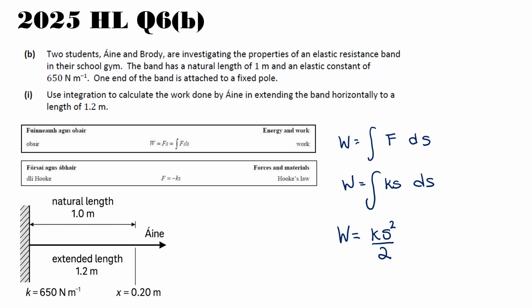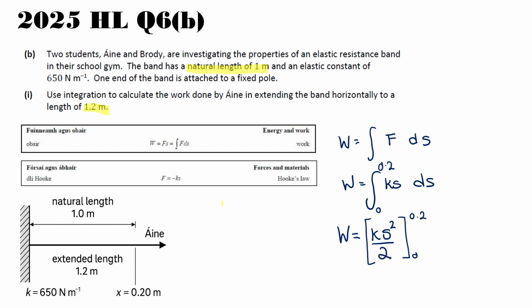If you want to use our limits, the displacement is going from 0 to 0.2. Remember, s is the displacement or the extension beyond our natural length. And our natural length, just to point it out again in the question, is 1. So it's extended by 0.2. So that means when we get to here, we're looking at subbing in 0 and 0.2.